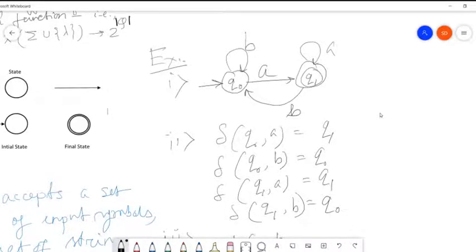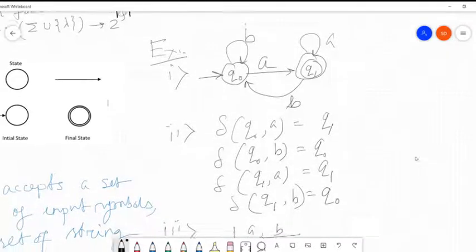Then Q1 is a final state, so only a single A can be accepted by this acceptor, or a series of B and a series of A is also possible. Then after A, we can again read B. This way a normal finite acceptor can be represented.